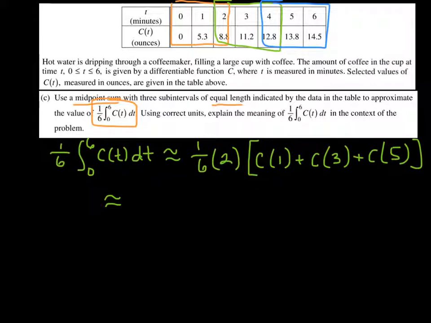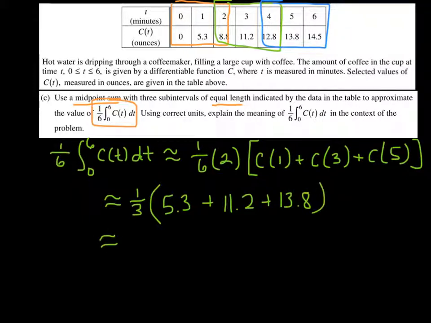Okay, and so now I can go ahead and fill that in. So this would be 1/3, because 1/6 times 2 is 1/3. Okay, c of 1 is 5.3 plus 11.2 plus 13.8. If I add those up, I get 1/3 of 30.6.